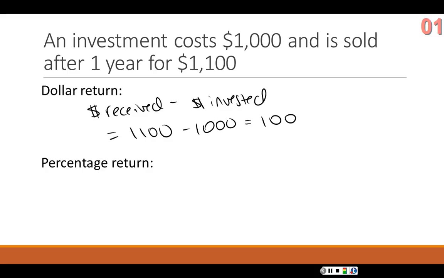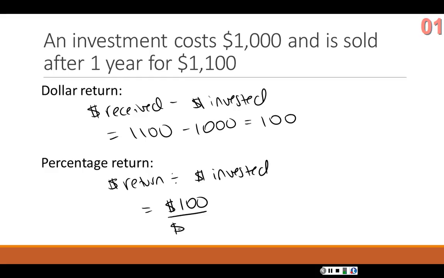If we calculated the percentage return, that's simply the dollar return divided by the dollar amount invested. So that's 100 divided by the $1,000 investment to give us 10% return.